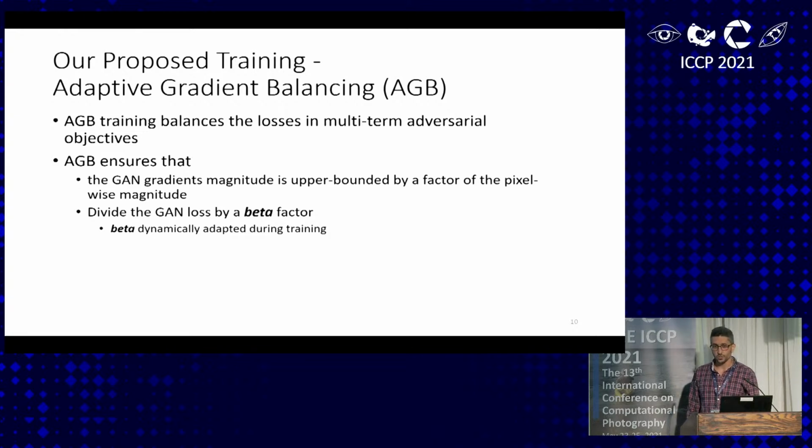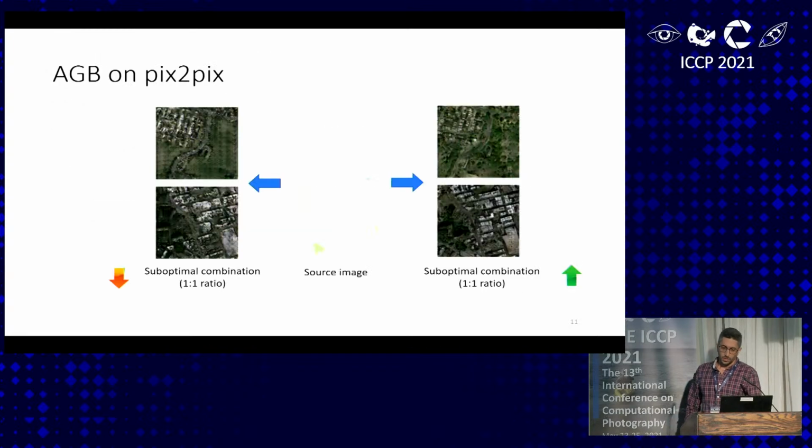To this end, we utilize an adaptive beta variable that carefully decays the GAN loss gradients to roughly the same order of magnitude as those of the pixel-wise loss. The proposed AGB training on the right is able to recover from suboptimal loss combination, while a regular training generates images with artifacts.